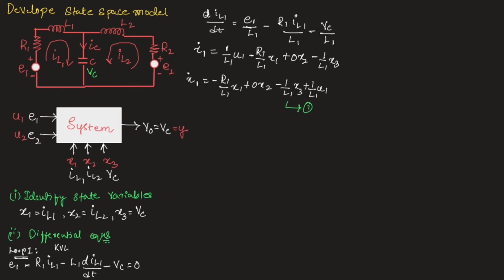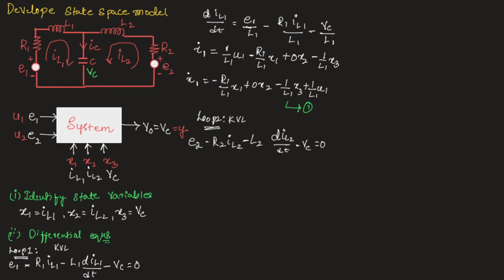Now let us consider loop 2 and apply KVL. So let us apply KVL for loop 2. We will get E2 minus R2 IL2 minus L2 dIL2 by dt minus Vc is equal to 0.